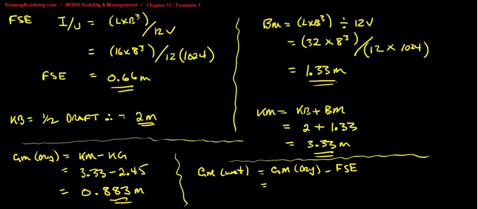So our dry GM was 0.883 meters. We're going to subtract the free surface effect, which was 0.66 meters. So our wet GM will be 0.217 meters.